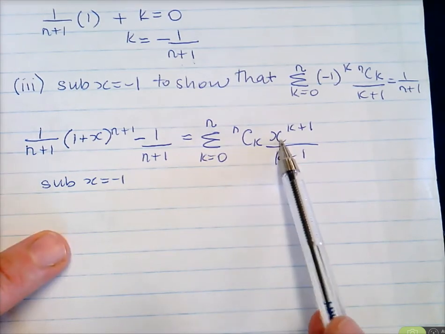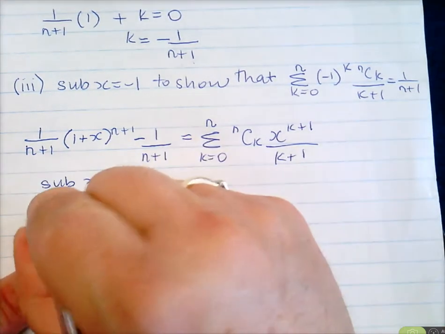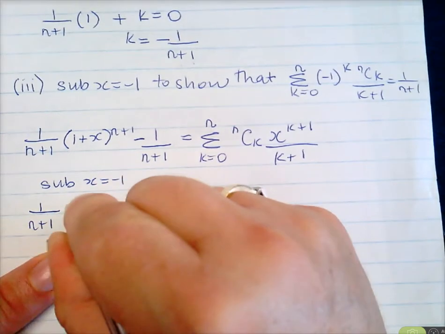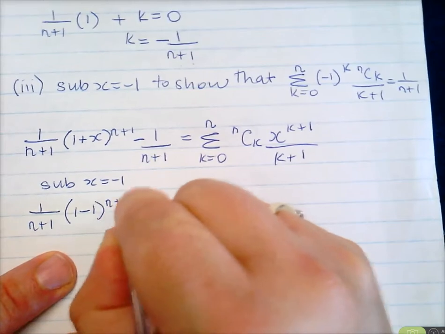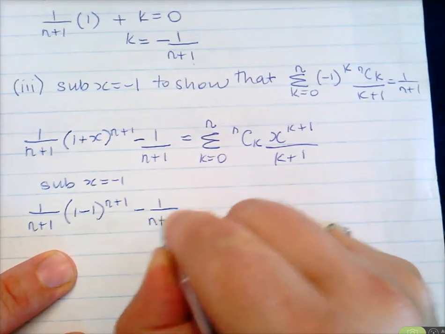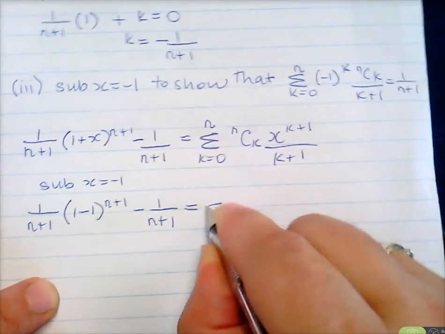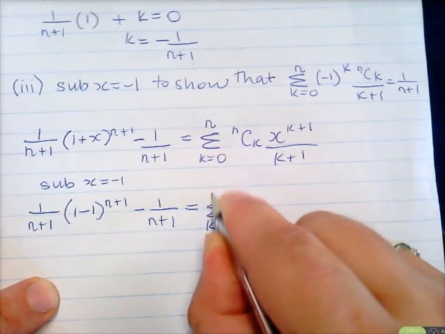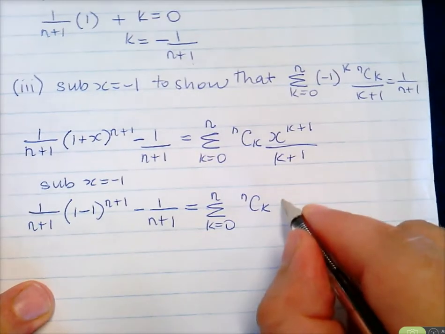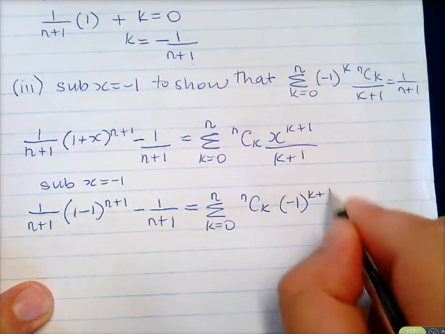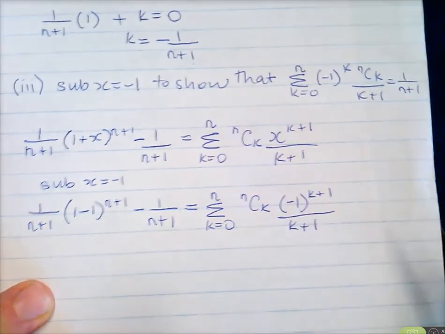I get 1 over n plus 1 times (1 minus 1) to the n plus 1, minus 1 over n plus 1, equals the sum. I'm going to substitute into the condensed summation format. Don't I just put a (-1) to the k plus 1 here over k plus 1?